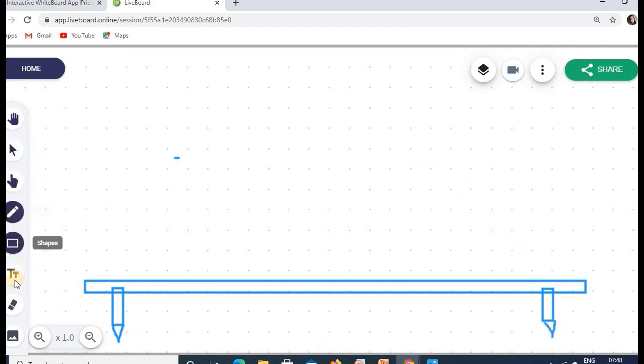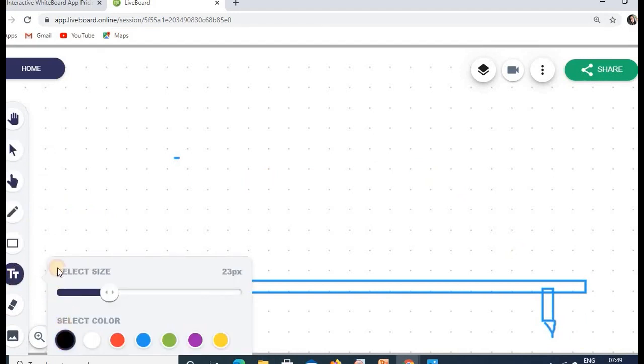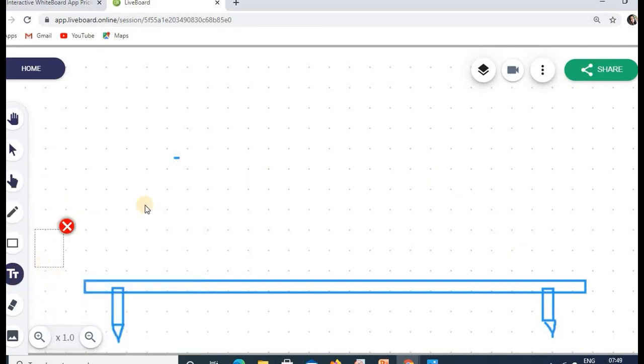So I'm going to name it: this is the optical bench, and here you'll be having adjustable screws which help us in leveling.